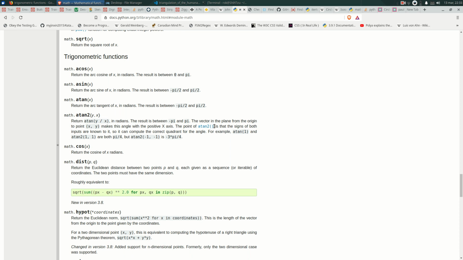The point of atan2 is that the signs of both inputs are known to it, so it can compute the correct quadrant for the angle.